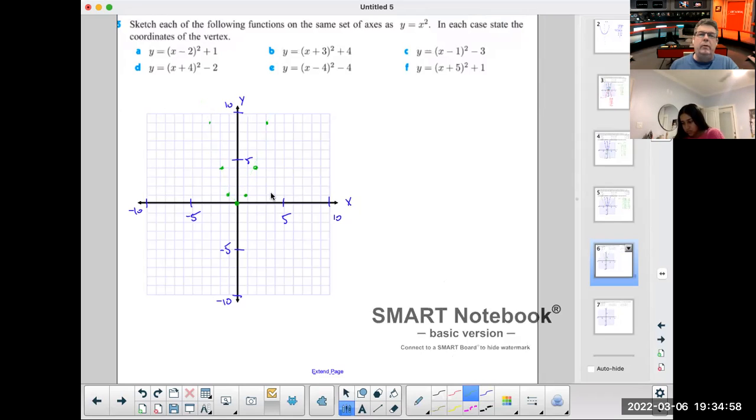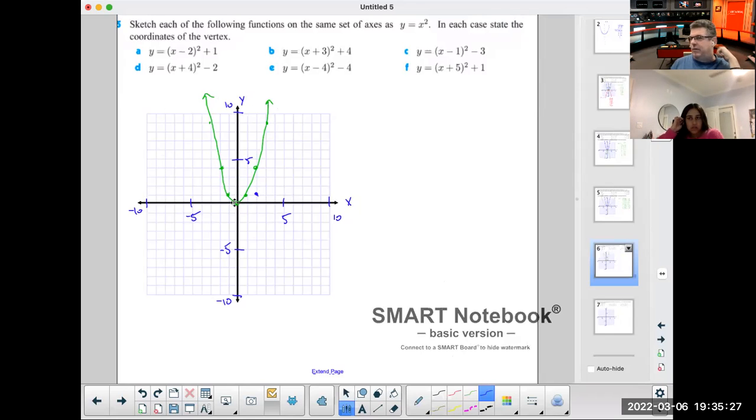Okay, let me get a decent sketch of this. So the new vertex is (2, 1), right? Do you see how the vertex went over 2 and up 1?